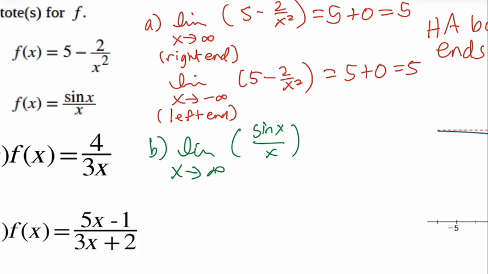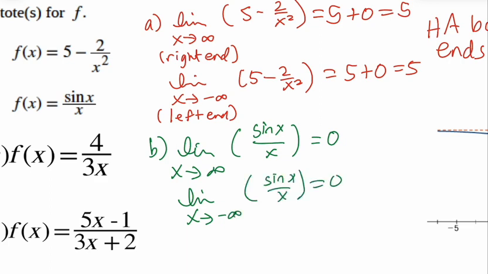Instead, we just have to know, and this is a rule that we might eventually add on to our cards, that this always goes to 0 for both the left end and the right end. It is just kind of a rule. There is a proof of it, but it's very convoluted and weird, so that's just one that you want to memorize.